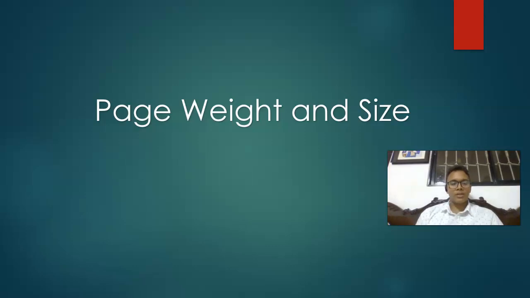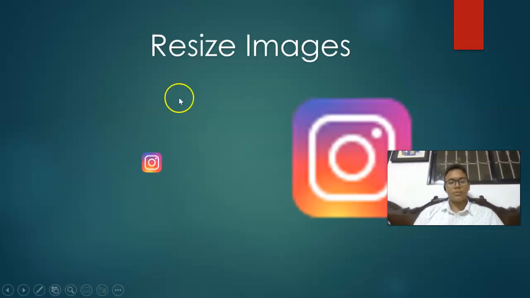These two topics work together because we need a good page weight and a good size. We have an optimized page that goes faster and can do the things that we want to do.